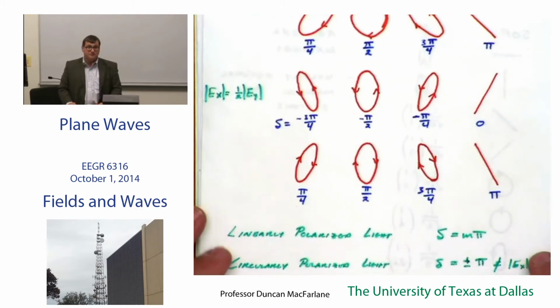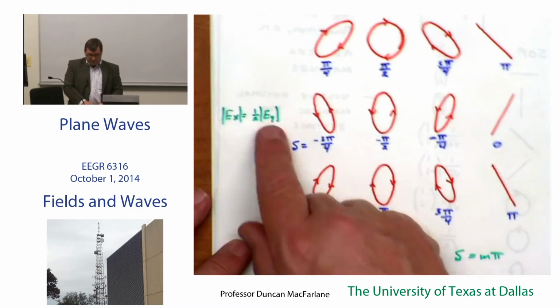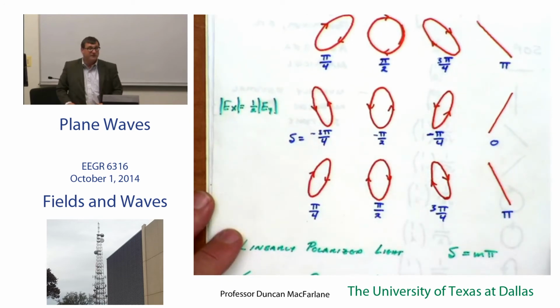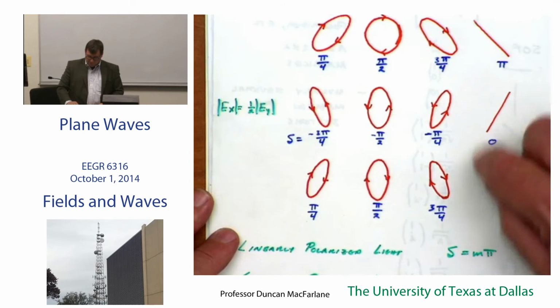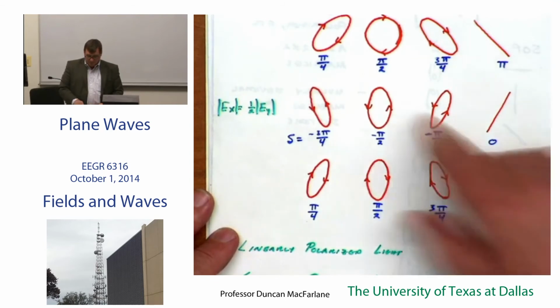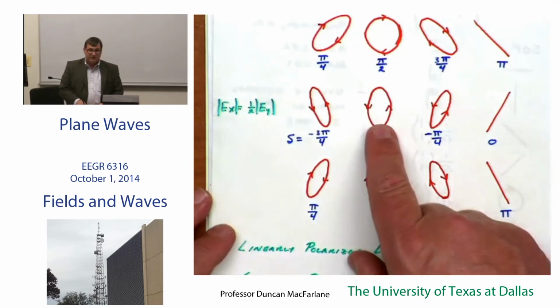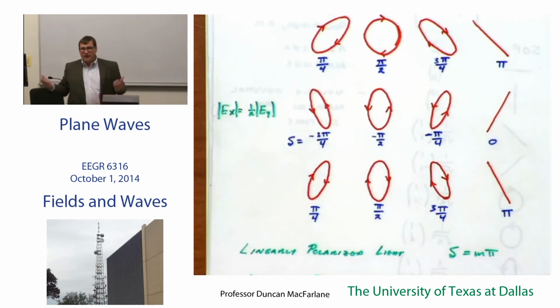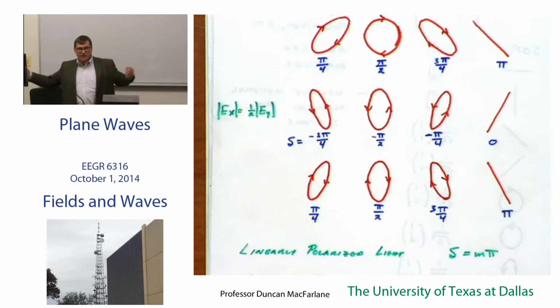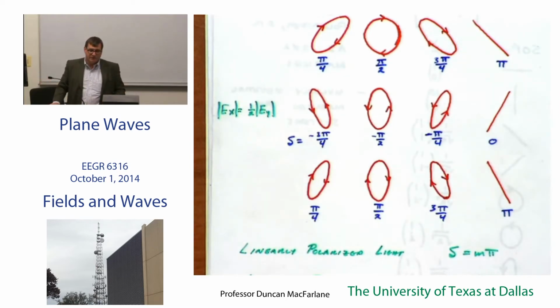And then, if I make some other assumption about the relative amplitudes, I still have linears, but I lose my circles. Which, if you think about it for a nanosecond, makes sense. Because I don't have enough of the Y to fatten this circle out to its full extreme.